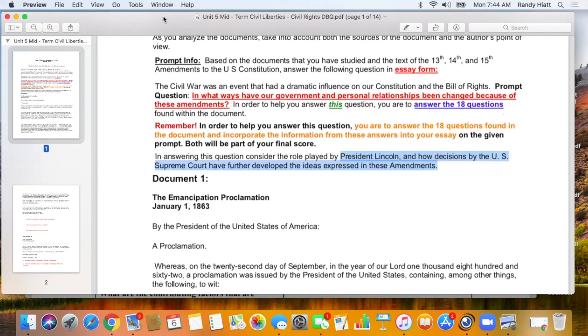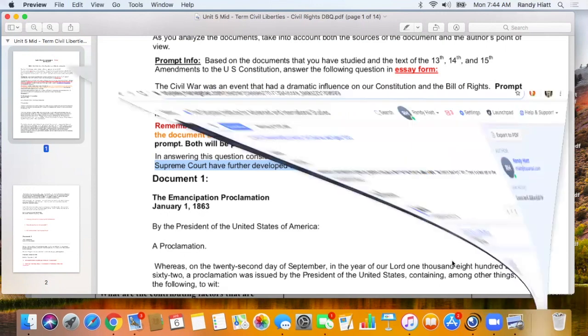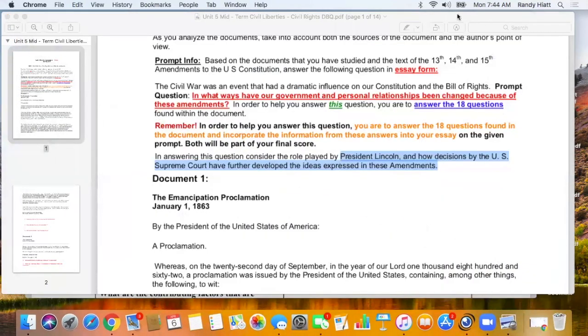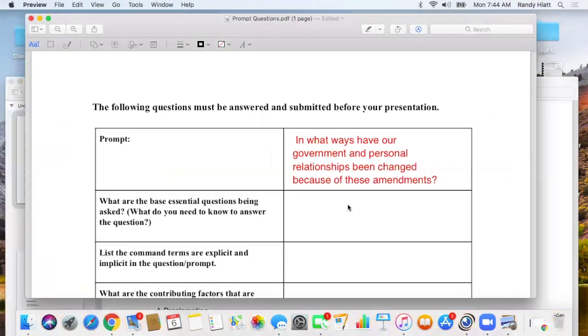Okay, so some things we want to look at before we start. Pull up the right document. Back to our prompt document. What are the base essential questions being asked? So we want to break down the prompt just like before. In what ways have our government and personal relationships been changed because of these amendments?